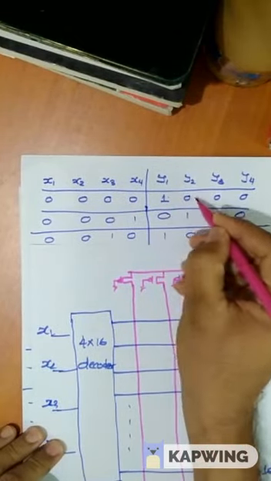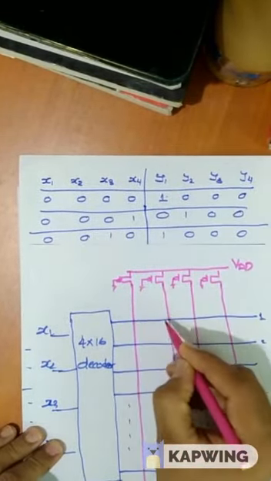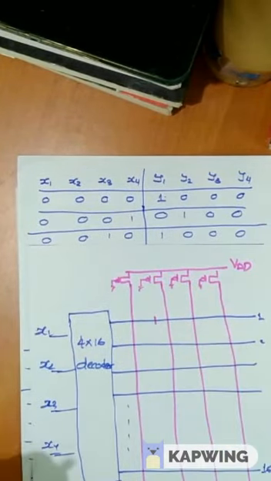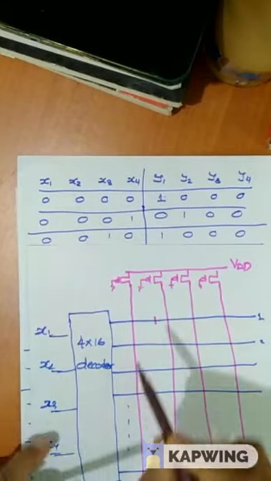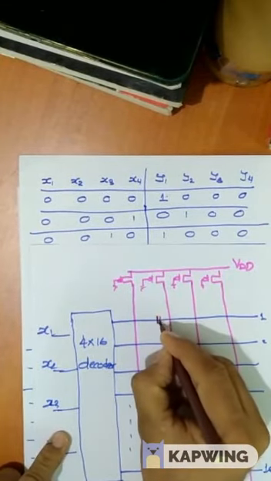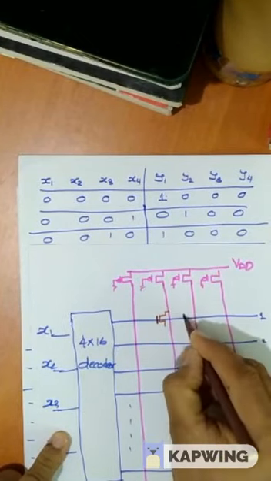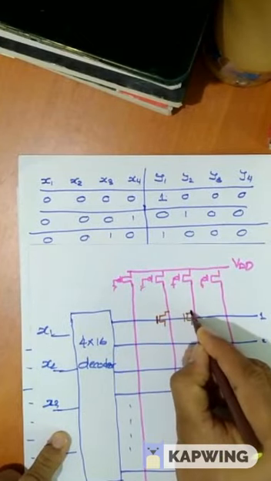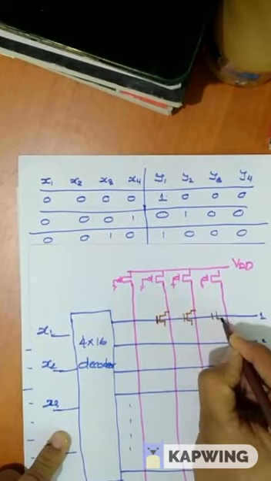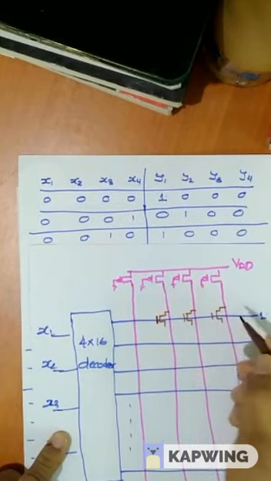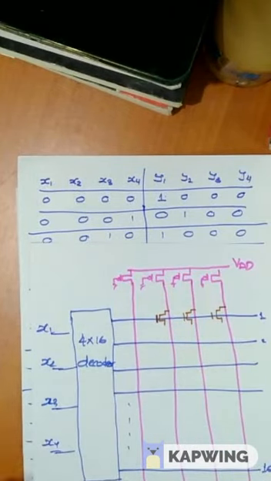So this is 1 0 0 0. And there must be a ground line.